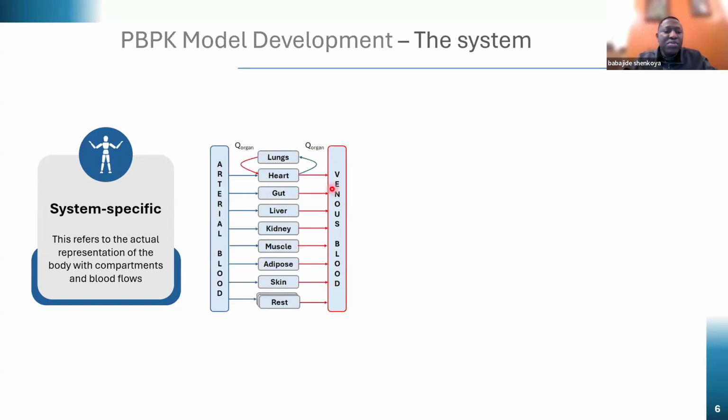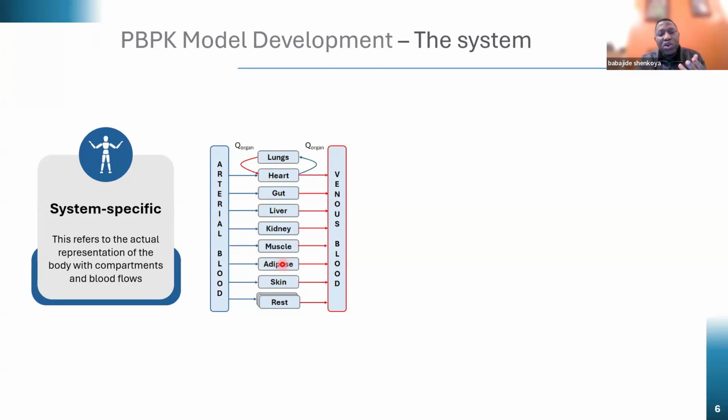So for instance, let us assume we are building for a human being, okay? So in this human being model, there are several organs that we want to define. For example, I need to define parameters for the lung, for the heart, for the gut, and so on and so forth. Now, when we say parameters of the system, there are majorly two things that come to mind.